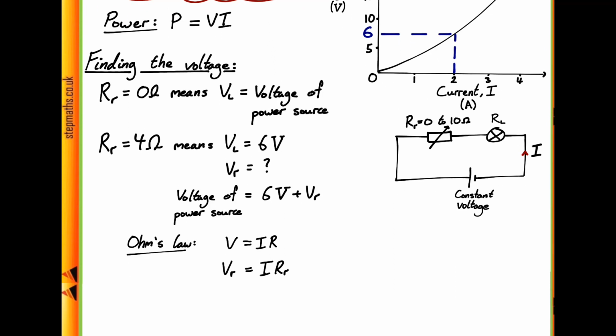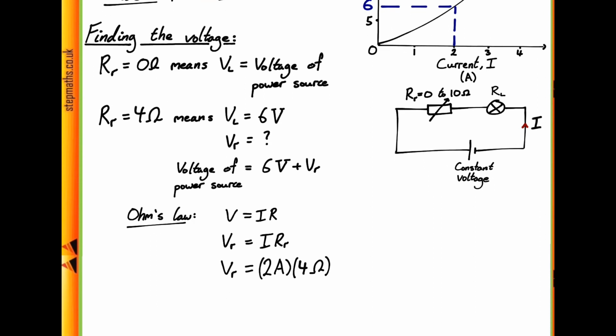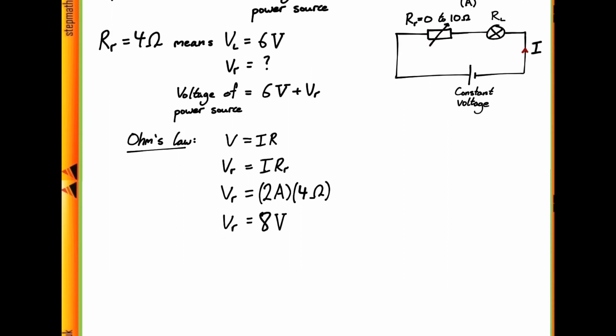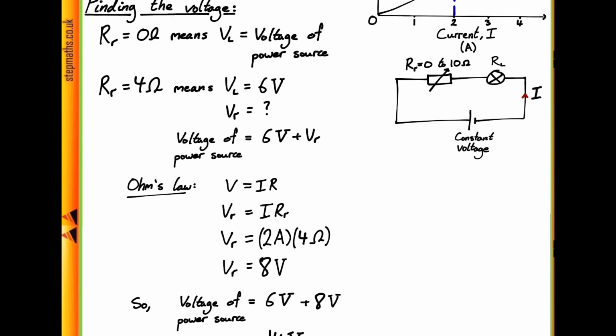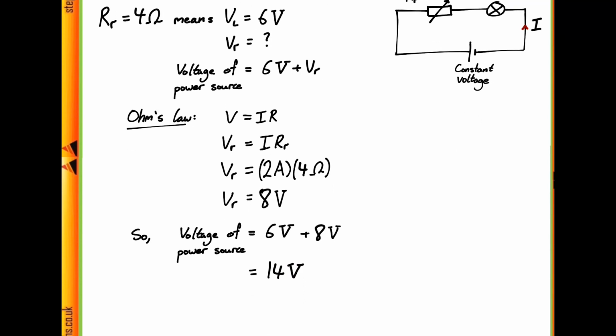Substituting these in, we get that VR is equal to 2 amps multiplied by 4 ohms, or 8 volts. So if there's 8 volts across our variable resistor and 6 volts across our lamp, then in total the voltage of the power source is 6 volts plus 8 volts, or 14 volts. What this means, from what we worked out earlier, is that the voltage across the lamp when the variable resistor has zero resistance is going to be 14 volts.